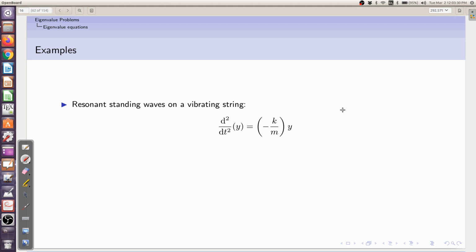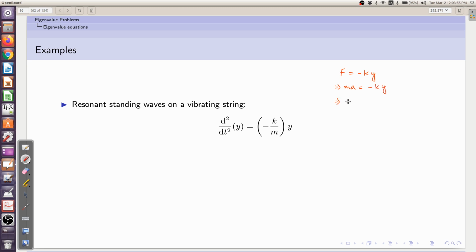Let's say I have the expression for the restoring force. The restoring force is always opposite to the displacement. So if y is the displacement, then the restoring force will be simply equal to minus some constant times the displacement. And what is force? From Newton's second law, force is mass times acceleration, and this is equal to minus k into y.